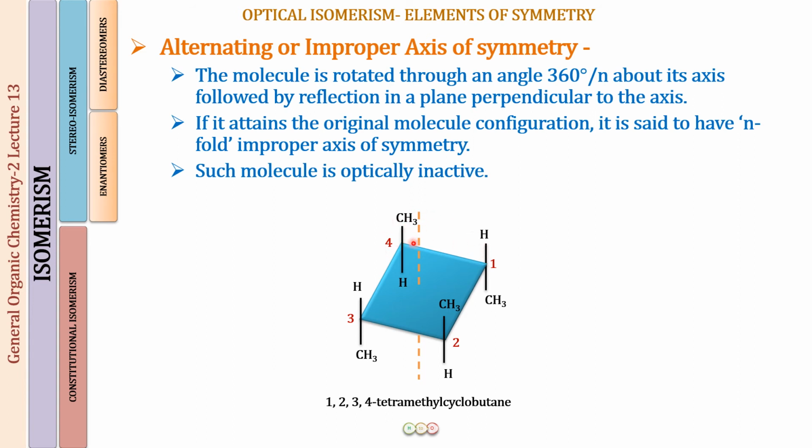So if I rotate this molecule about this axis by an angle of 90 degrees, I get an identical molecule. Fine. So this has a four-fold axis of symmetry because it is identical after a rotation of 90 degrees.